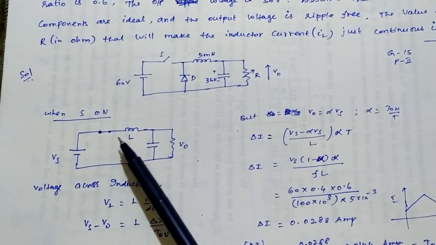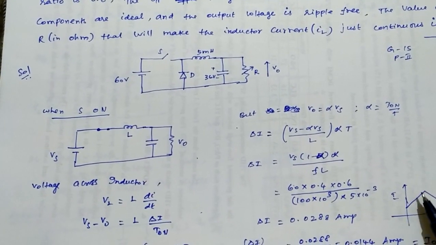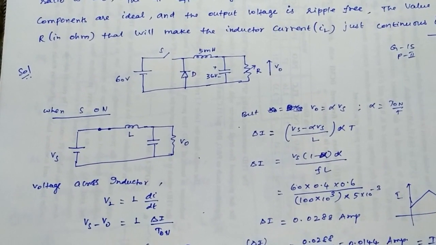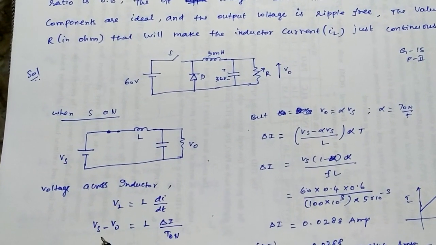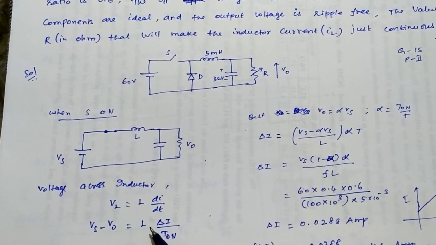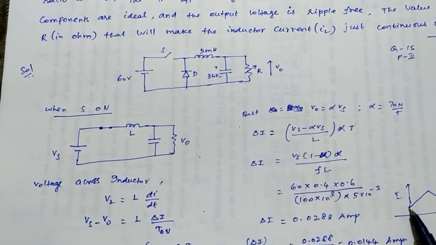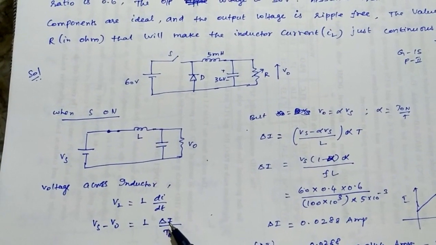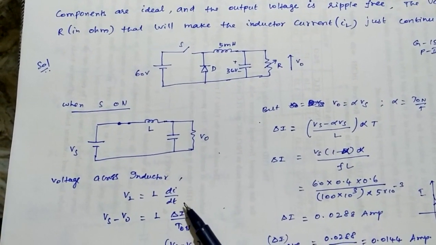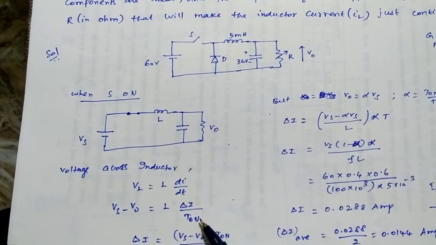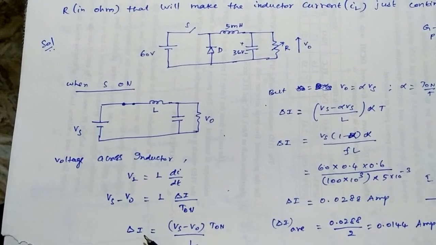The inductor is getting charged from minimum value to maximum value. Voltage across inductor is Vs minus V0, equal to L into the rate of change of current. The current increases from minimum to maximum value, which we take as del I, and this happens over the time T on. So from this we can write del I.